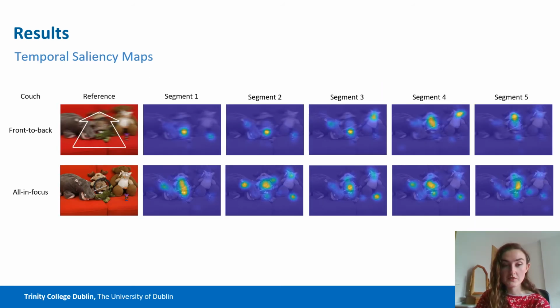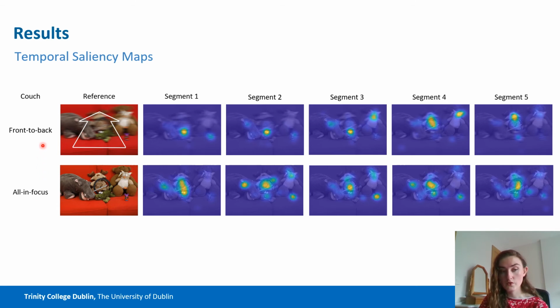So here's an example of temporal saliency maps where we split the 10-second video into 2-second segments and generated our saliency maps on each segment for all the participants. Here for the couch light field, we have temporal saliency maps of the front to back and all-in-focus renderings.